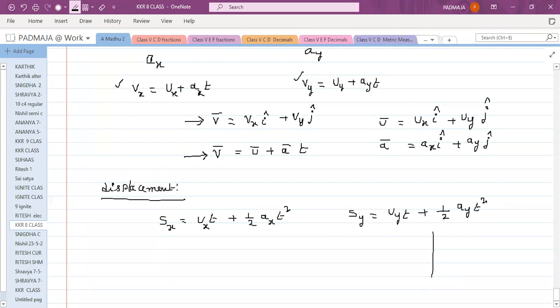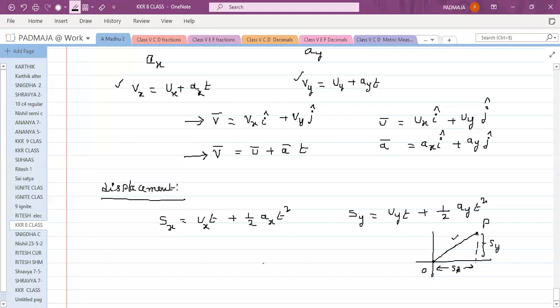Now you got the displacement of the particle along x direction. The particle, if it starts from origin and travels to some point P here, then the displacement of the particle along x direction is sx, and the displacement along y direction is sy.